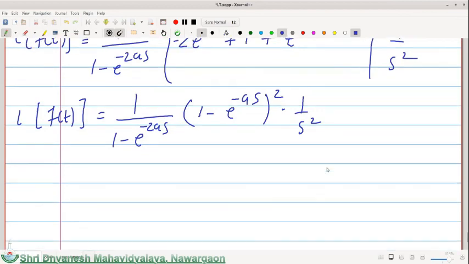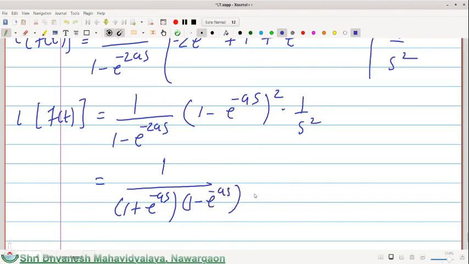One more thing we can do here, in the denominator of this fraction, as this is 1 minus e to the power minus 2as, this can be written as 1 plus e to the power minus as, 1 minus e to the power minus as, like a square minus b square. This can be viewed as 1 square minus e to the power minus as square, and so the formula.